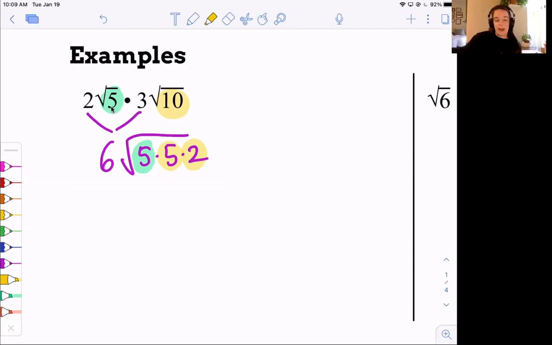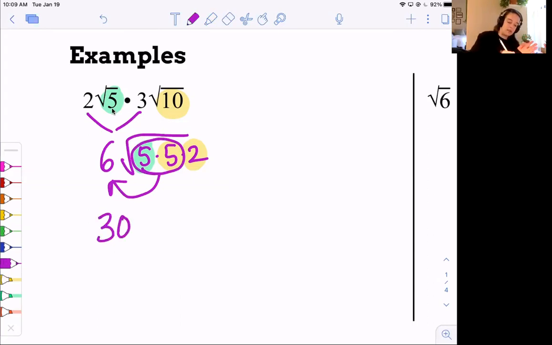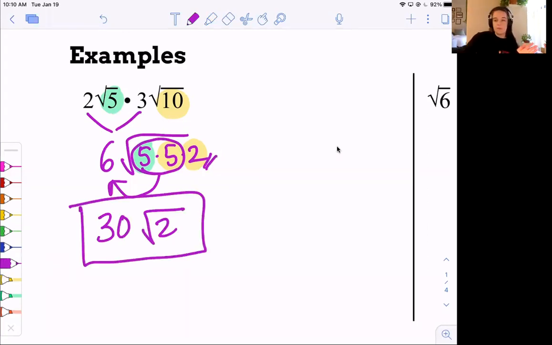I already have 5 and 10 as my 2 numbers. And so now I can say, okay, this is a group of 5s that can move to the outside like that, right? So 6 times that 5 would be 30. Root 2 is left over. There is no pattern for 2, right? So you have 30 square root 2.